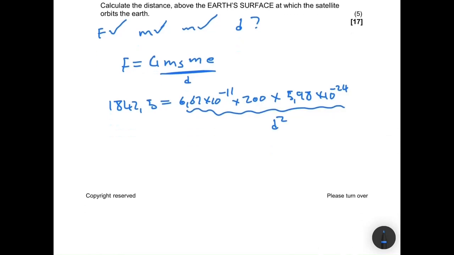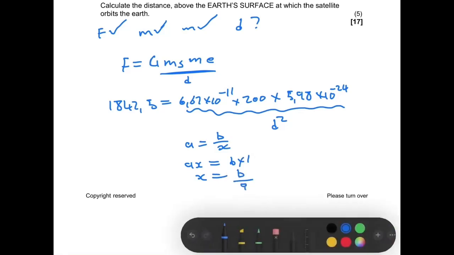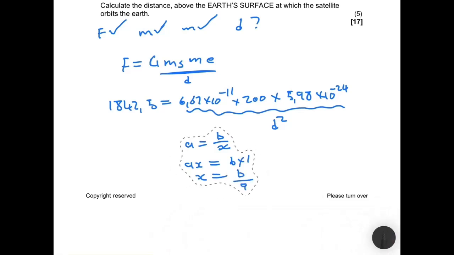It's easy to see. We know fully well that if we have A is equal to B divided by X, and you want to find X, you're going to cross multiply, right? You're going to get AX is equal to B multiplied by 1. So X will be equal to B divided by A, right? So we're going to apply the same idea in this situation.